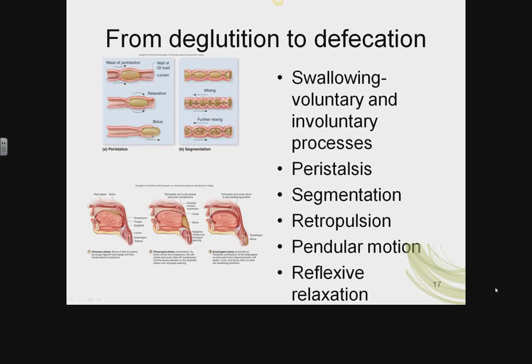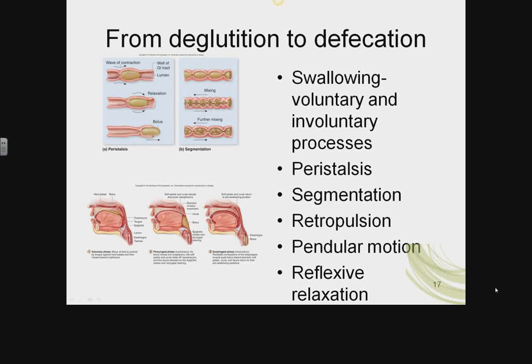And basically, deglutition is really peristalsis, where you have a band of contraction behind the bolus, as shown in the top left picture here. And ahead of the bolus, there's something called reflexive relaxation, where the smooth muscle relaxes, and that helps to receive the bolus of food.